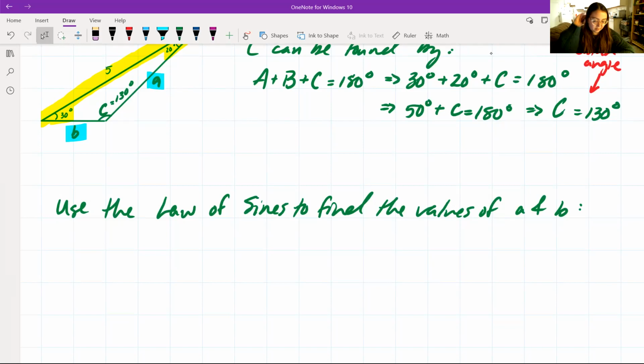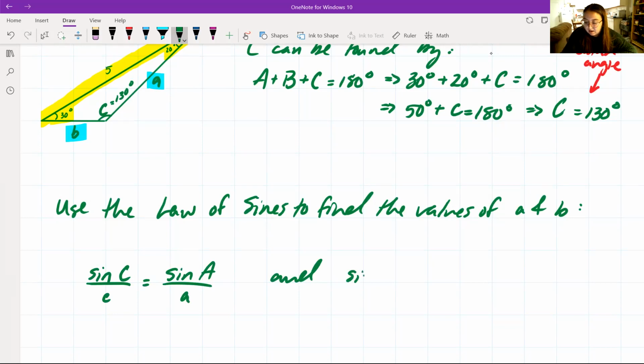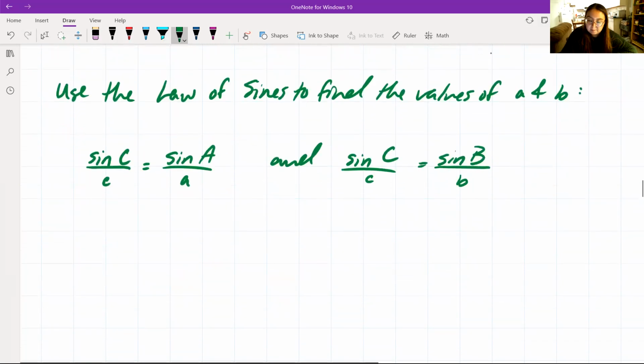So let's go ahead and first state sine of capital C divided by lowercase c is equal to sine of capital A divided by lowercase a, and sine of capital C divided by lowercase c is equal to sine of capital B divided by lowercase b.